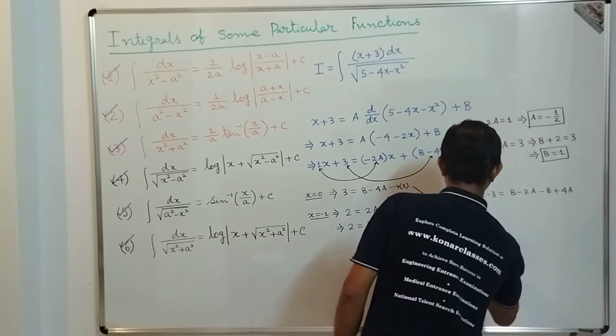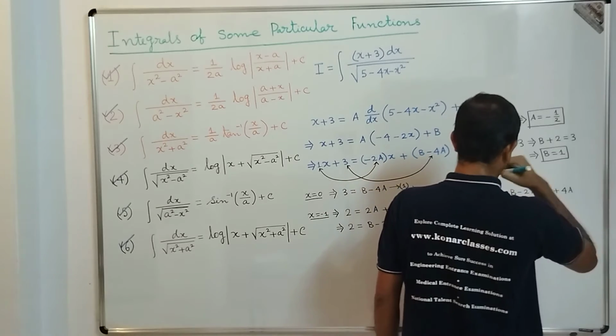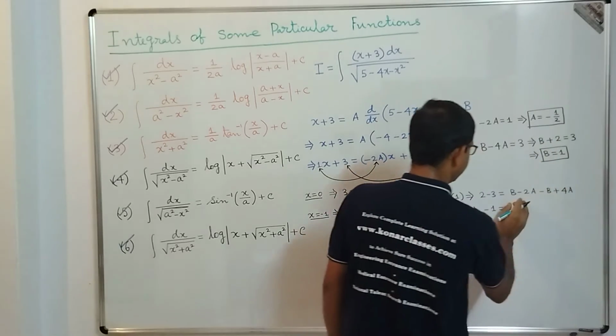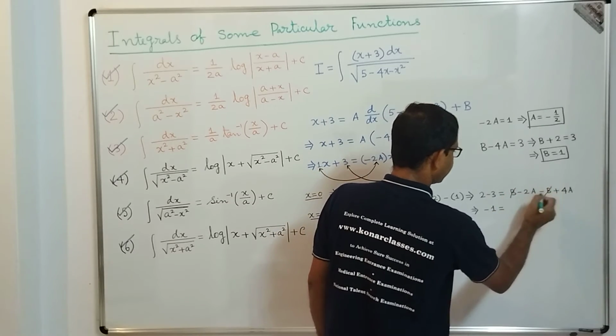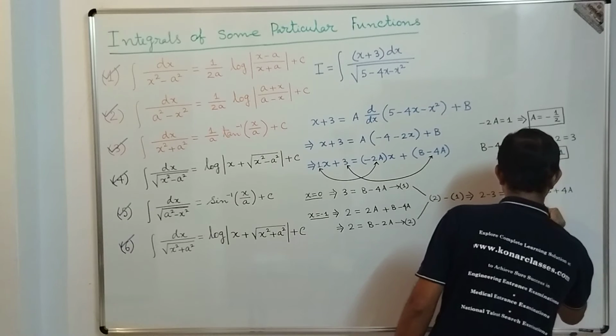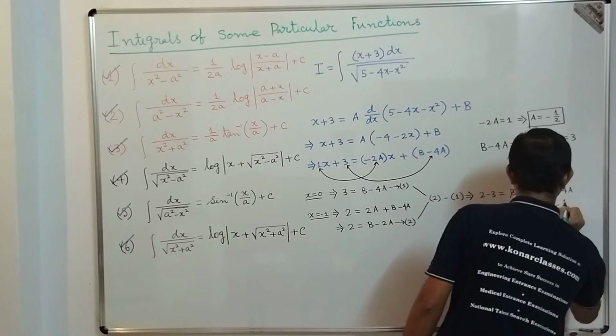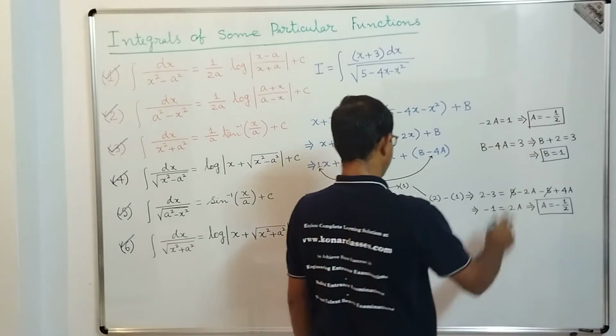So the left hand side is minus 1, and the right hand side is 2a, since b and minus b cancel, minus 2a plus 4a is 2a. So the value of a is minus 1 by 2, which matches the value of a we got before, correct?